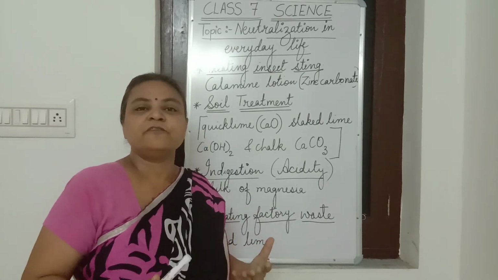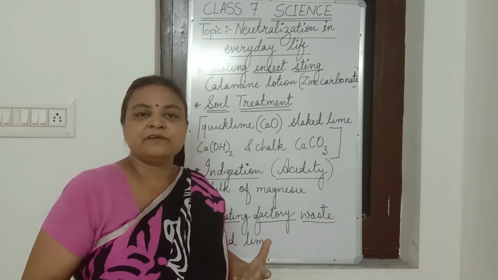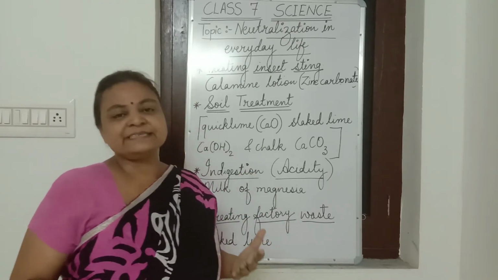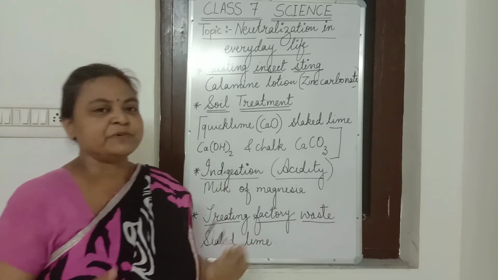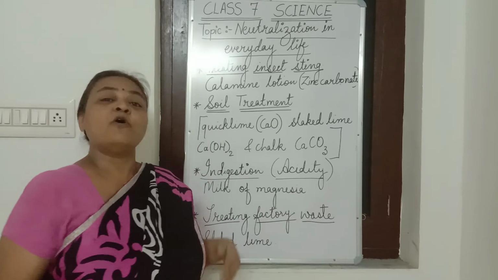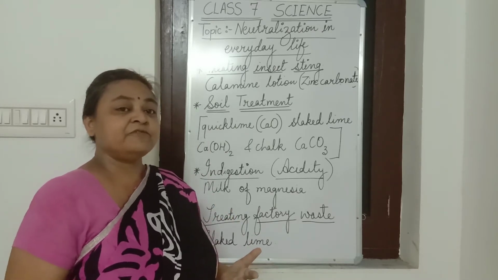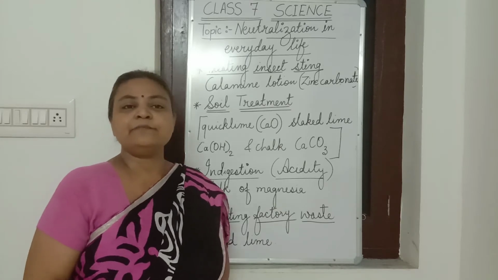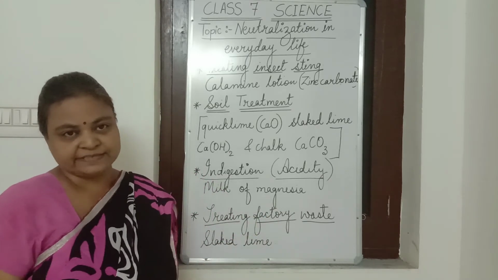Now, when do we suffer from acidity and why? Our stomach releases dilute hydrochloric acid for the purpose of digestion. But when we eat spicy food or we skip meals, we do not eat for some 1 or 2 days, that time the stomach is releasing hydrochloric acid.